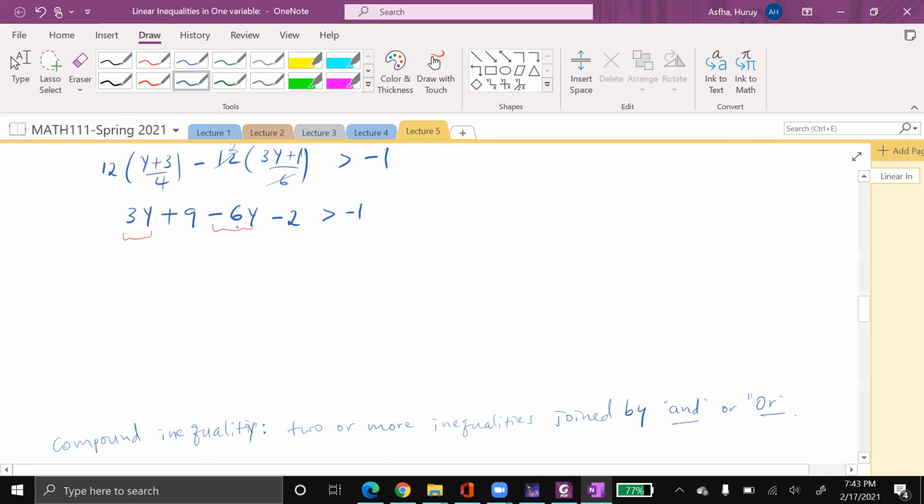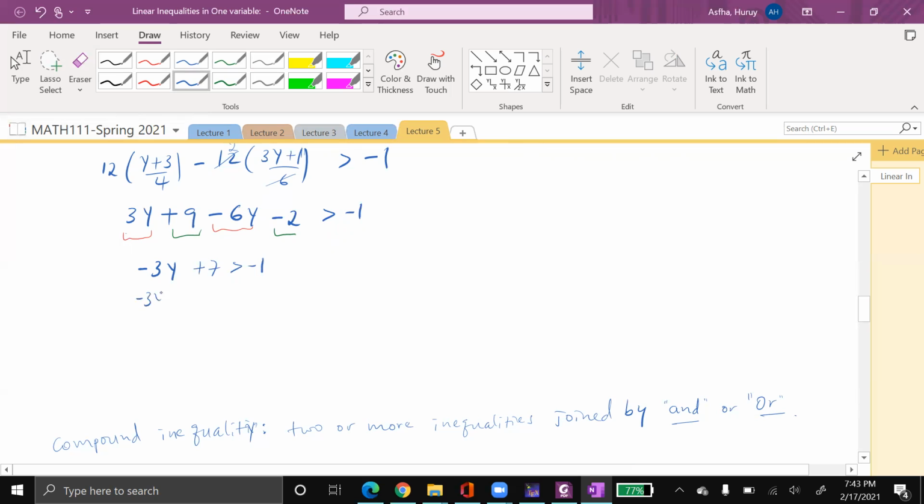So if we add 3y and negative 6y, we get negative 3y. And then we have this one on the left side. So let me do that one first, and then we do it in the next step. So 9 minus 2 is plus 7 greater than negative 1.